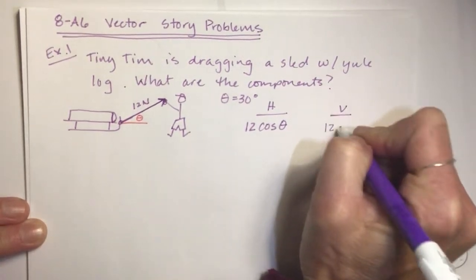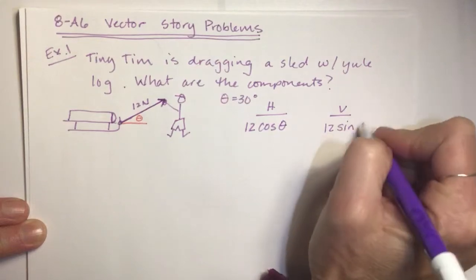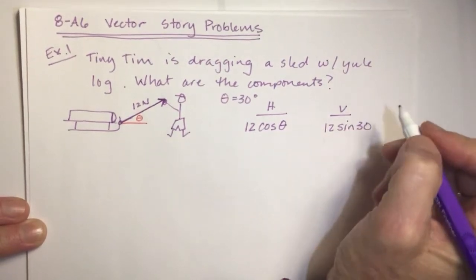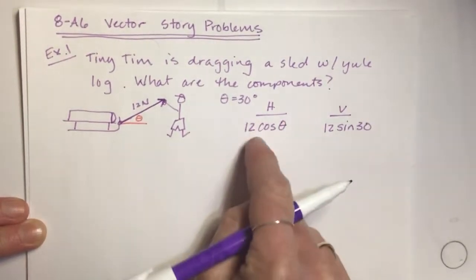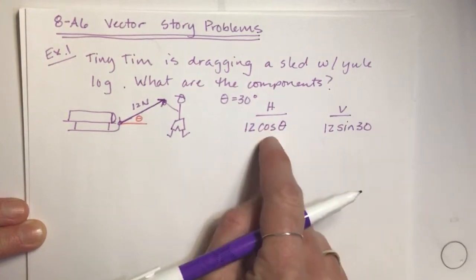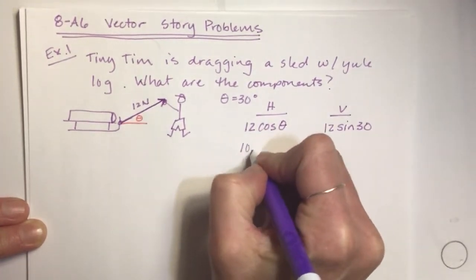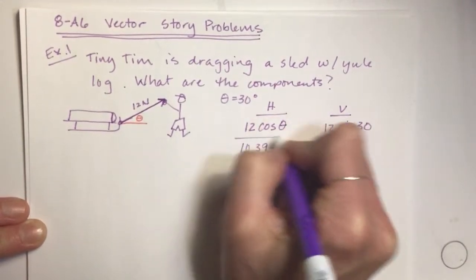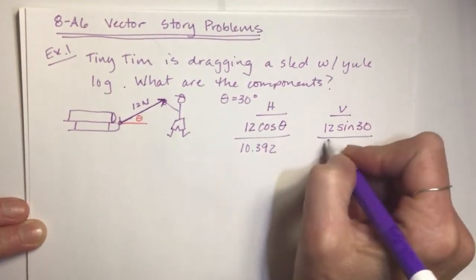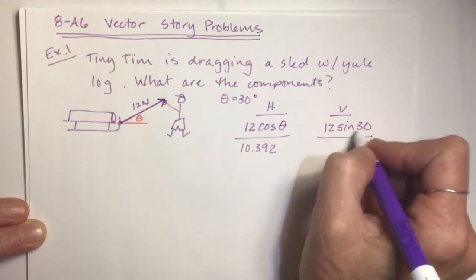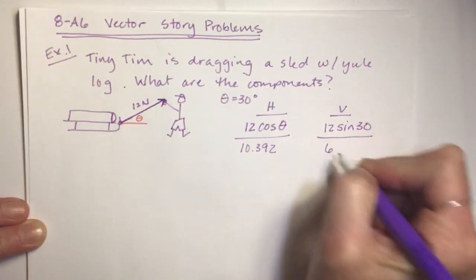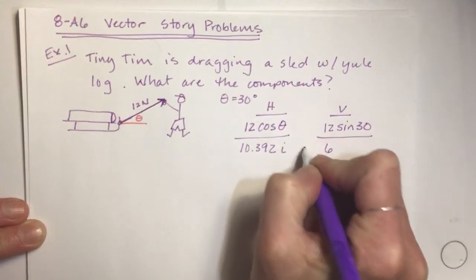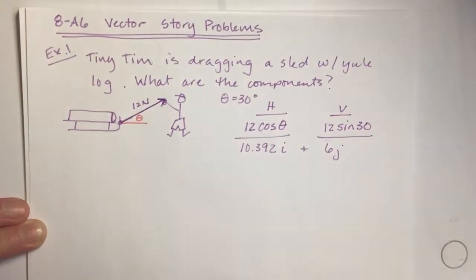And then 12 sine of 30. Cosine 30 is root 3 over 2, but with a calculator it would give us 10.392, and that would be our horizontal component. Our vertical component would be 1/2 times 12, which is 6. We can write that as 10.392i plus 6j, and we're done.